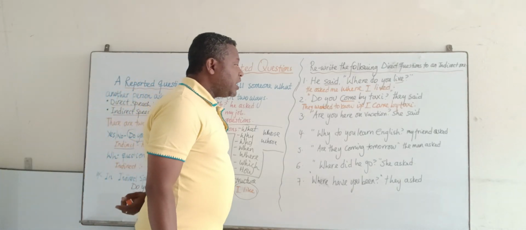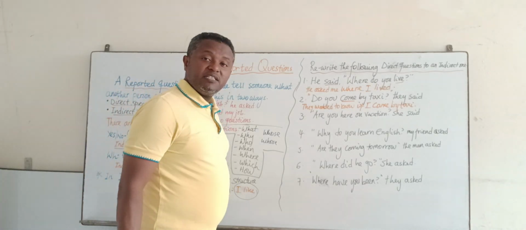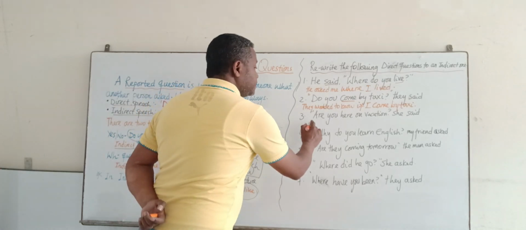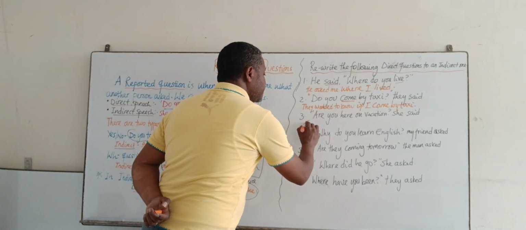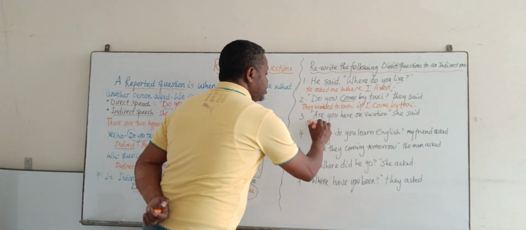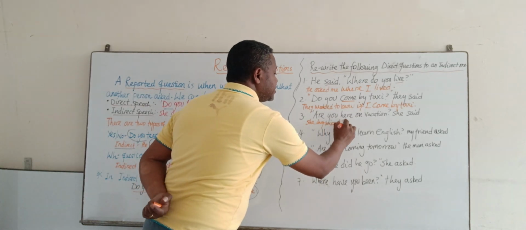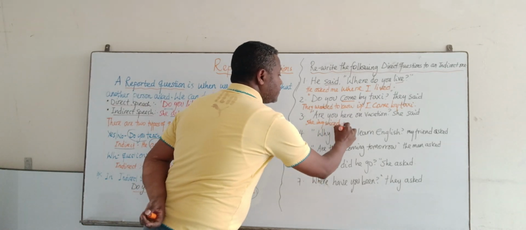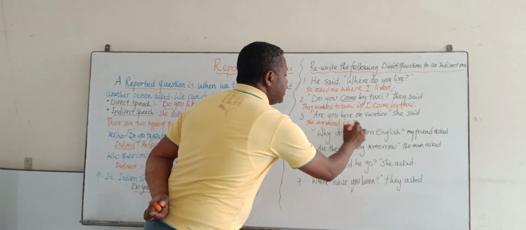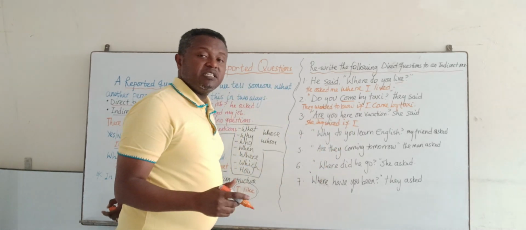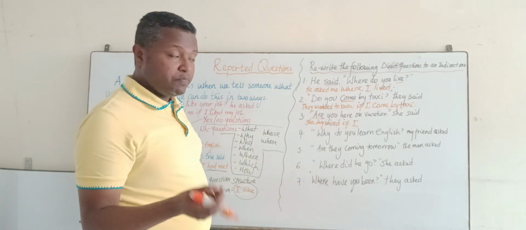The third one, are you here on vacation? Again, this is a yes or no question. So she, okay, she inquired if I, so it is are you here? This is present simple tense.